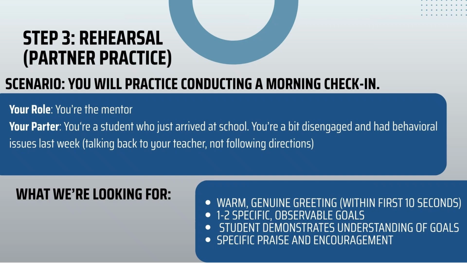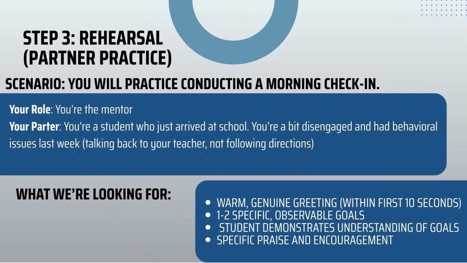Your role, you're going to be the mentor, and then your partner will play a student who's just arrived at school. You're a bit disengaged and just had behavioral issues last week, so you've been talking back to your teacher, not following directions. And again, what we're looking for from the mentor is that warm, genuine greeting within the first 10 seconds of encountering the student.